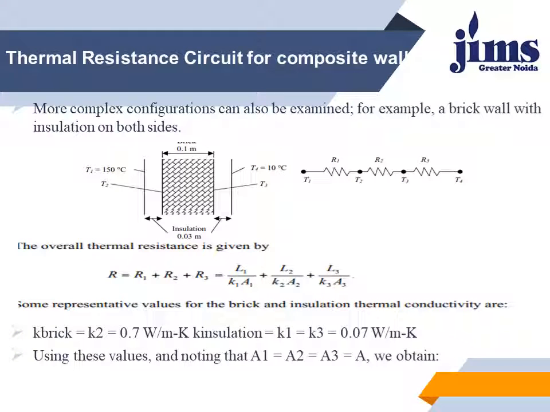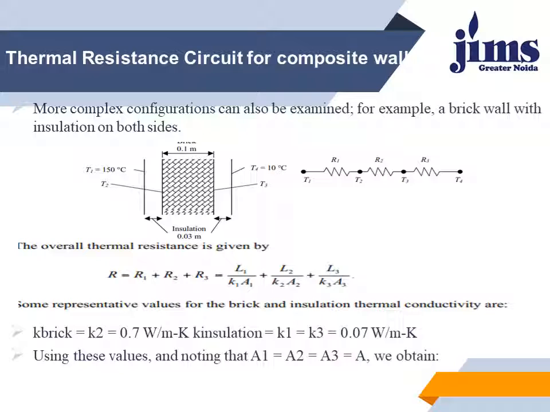We are solving a composite wall problem. In this case, we assume a composite wall having three layers. The middle layer is the insulation layer, having a thickness of 0.1 millimeter. The right side layer is 0.03 meter and the left side layer is 0.03 meter.